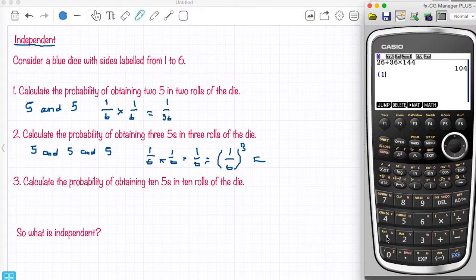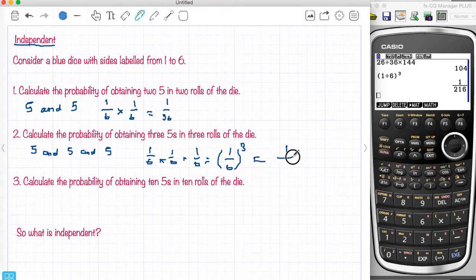So I'm going to use a bracket for this, 1 over 6, here's my power button, cubed. And if I press that, it turns it back into a fraction. Do you see that one there? That turns it back into a fraction. So this is 1 over 216.